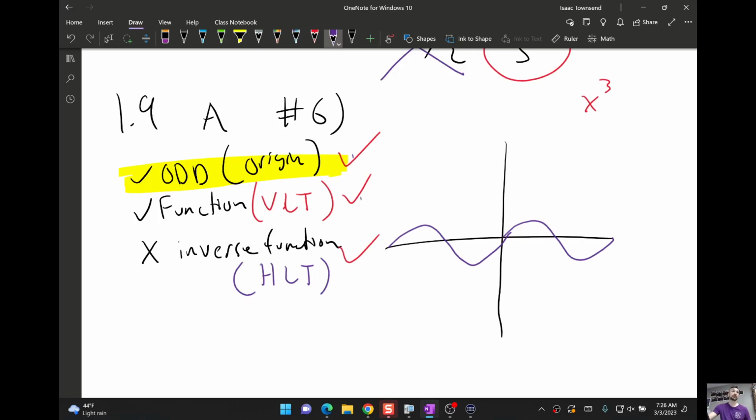It's got the right type of symmetry, and we memorized to death that sine was an odd function last semester. But its inverse is not a function because it doesn't pass the horizontal line test. So that was another option for that. But this is certainly the hardest part. You had to make a graph that had that symmetry for it to be correct.